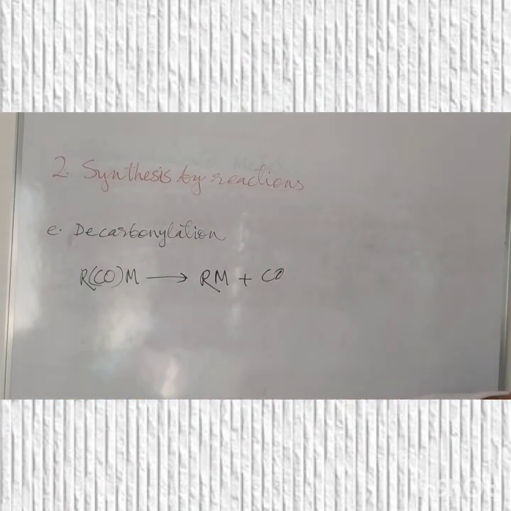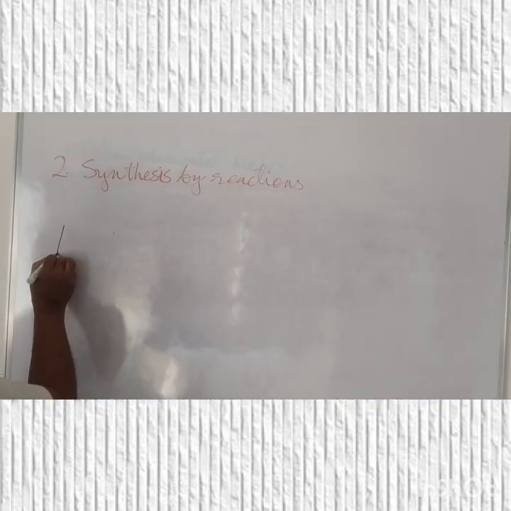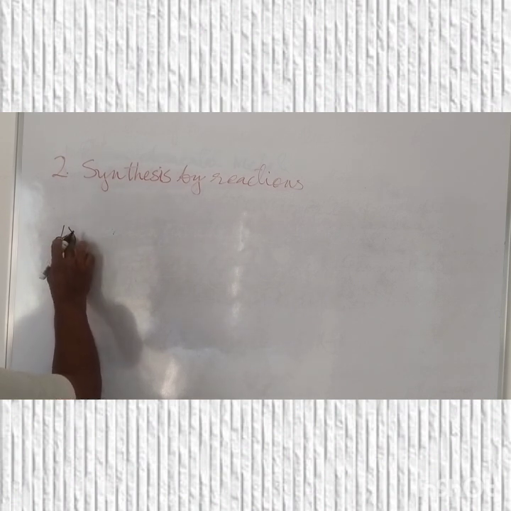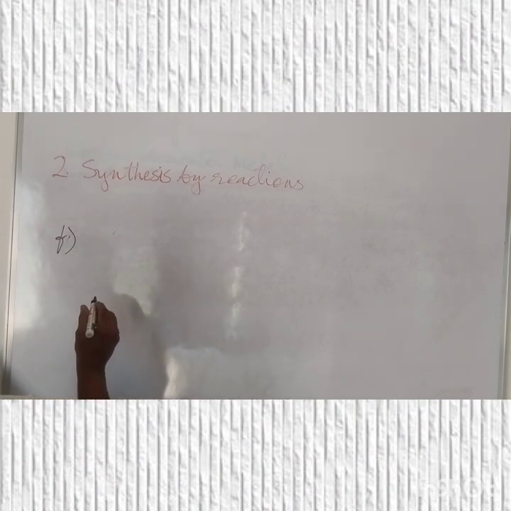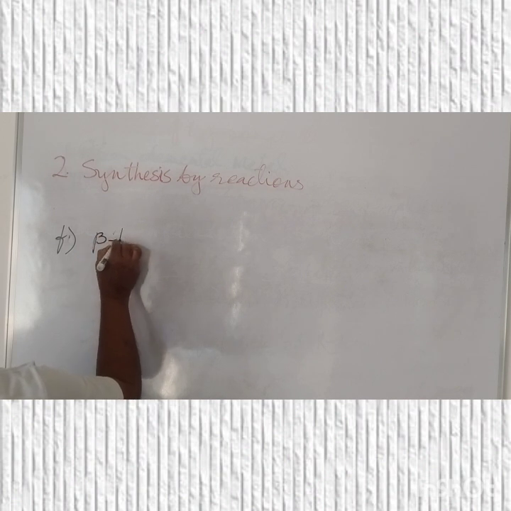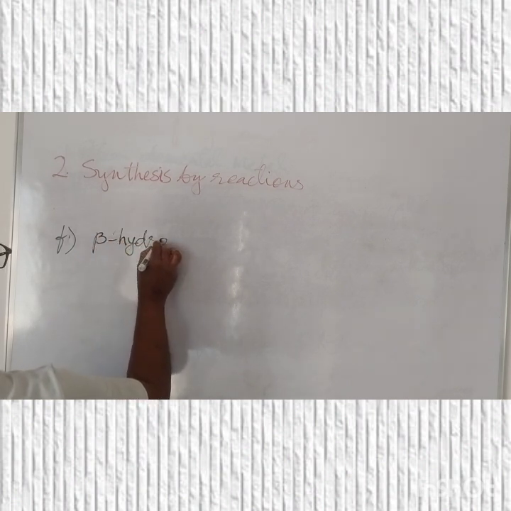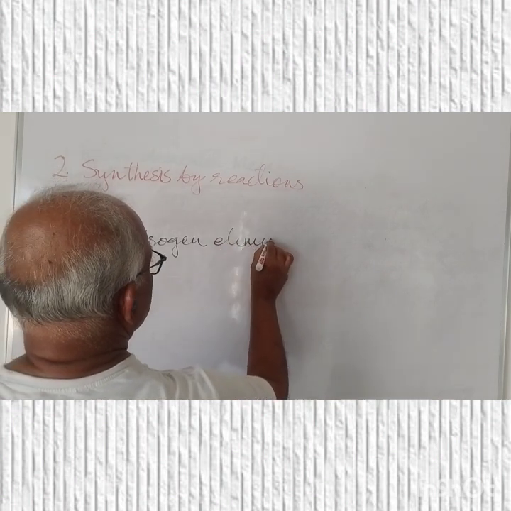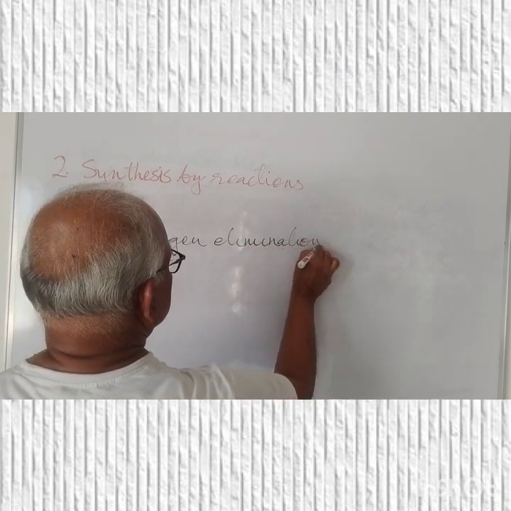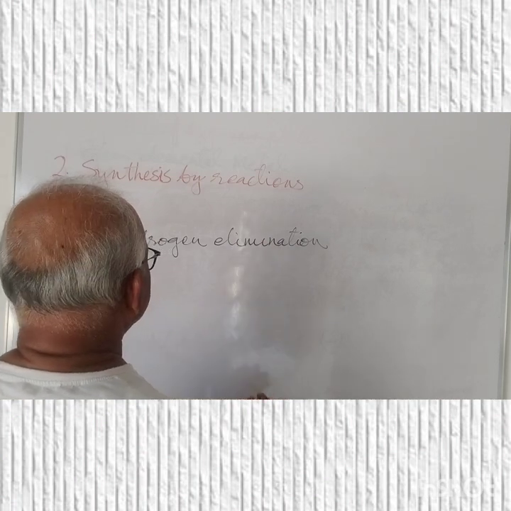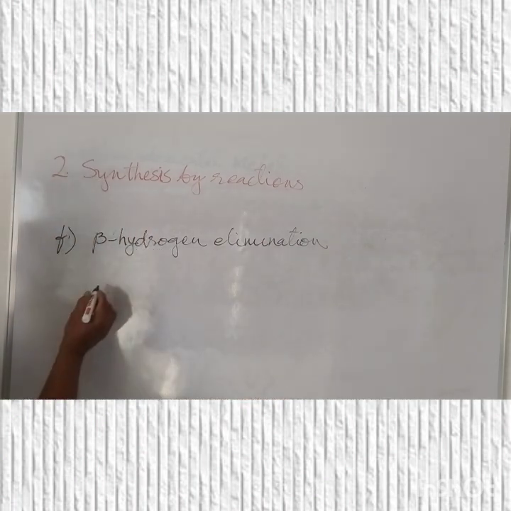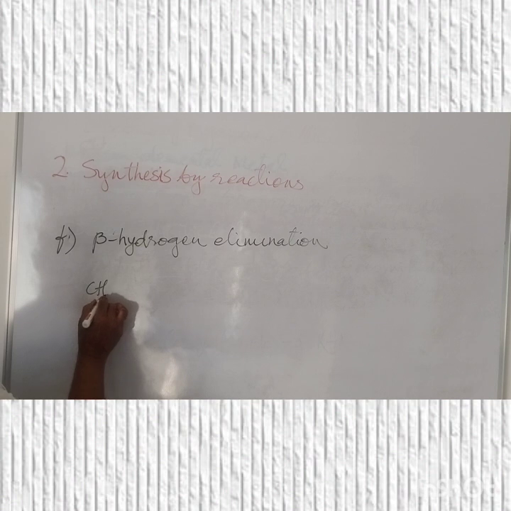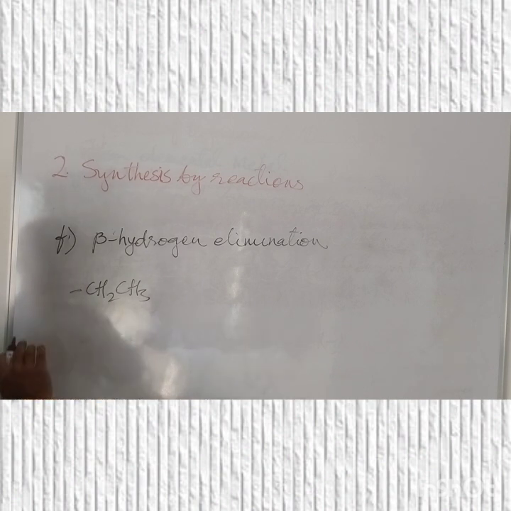Then next one is beta hydrogen elimination. So say if we are having this compound, that is CH2CH3 group, which is attached, let's say, to metal.